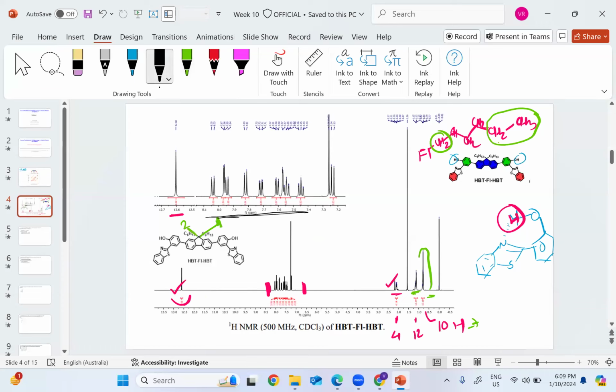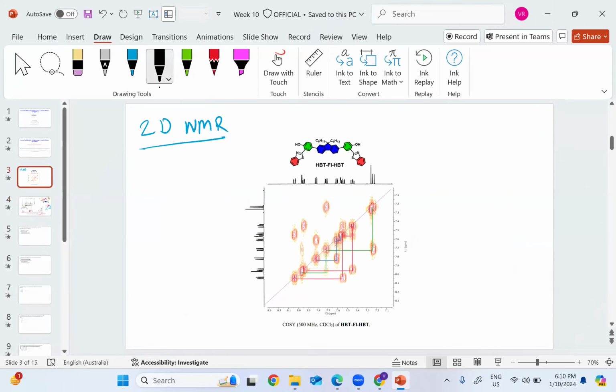So I have recorded the 2D NMR spectra, and in it I observed which peak shows a singlet. If you look at this signal, this peak will show a singlet, or we can say a doublet with a very small coupling constant, in the NMR spectra.